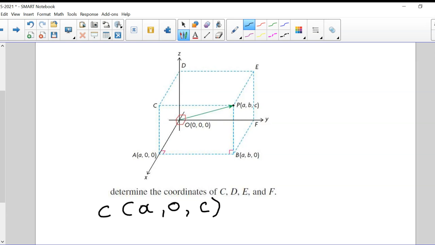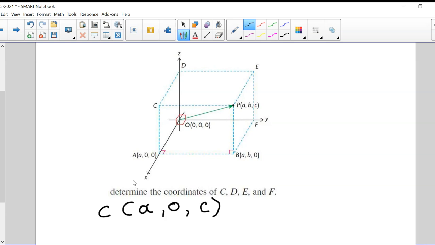So I'm going to give that a 0 coordinate. All right, let's see if everybody is okay with that. That C point is A0C, meaning I've gone forward on the x-axis right here. So that's the A component of this ABC right here. I've gone forward on the A-axis, on the x-axis. I've gone up on the z-axis, and I'm right there at C, but I haven't moved along the y-axis, right? I'm still in the same place along the y-axis.